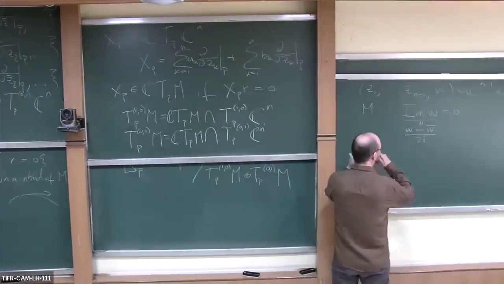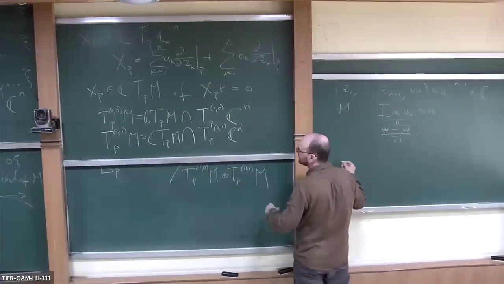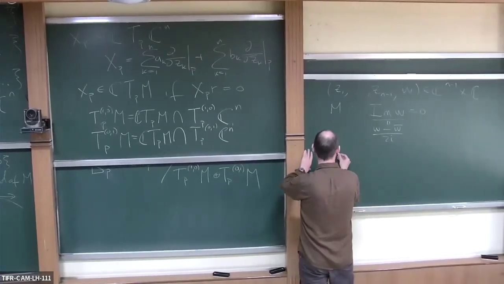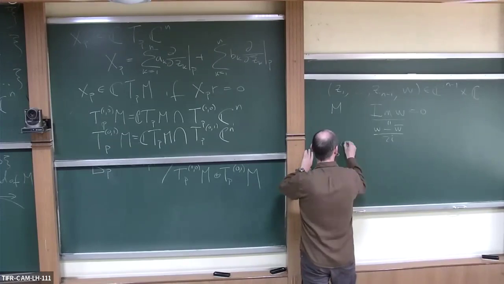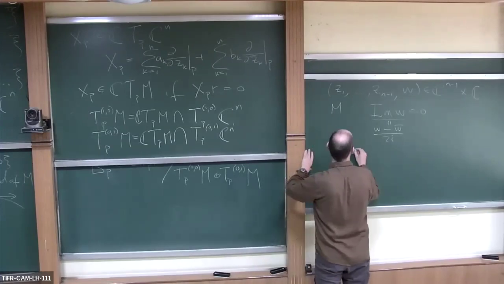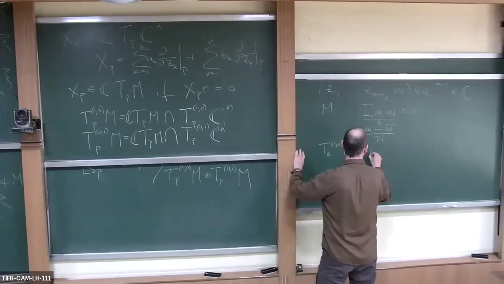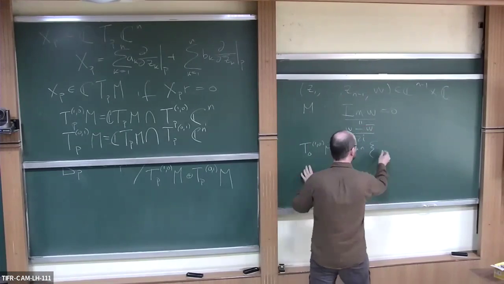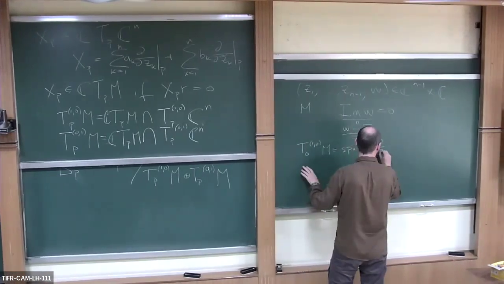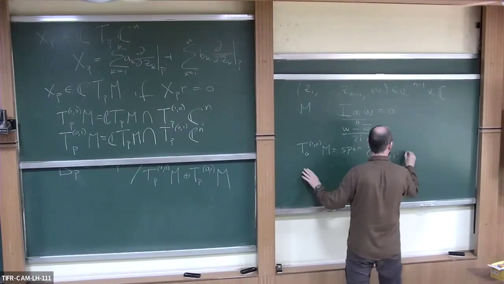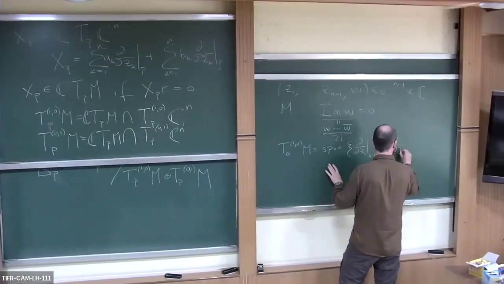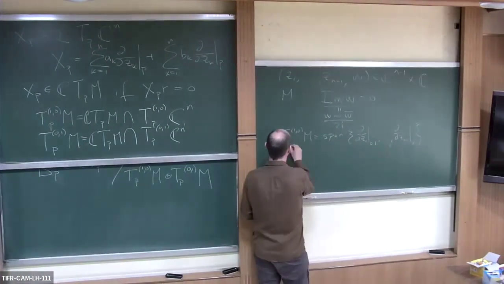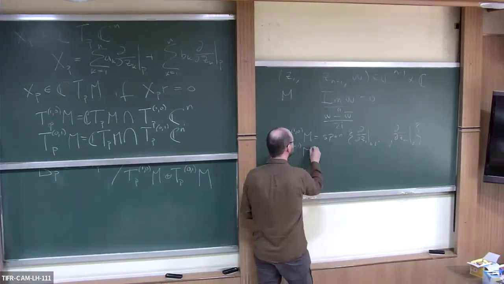So just by basic linear algebra, you get that T1,0 at 0 of this, the complex span, is the span of the derivatives in z1 through z n minus 1, and you get the same thing for T0,1.